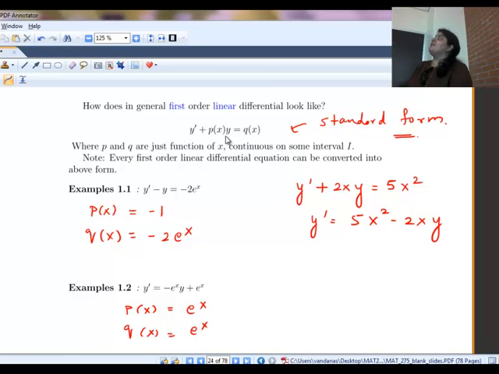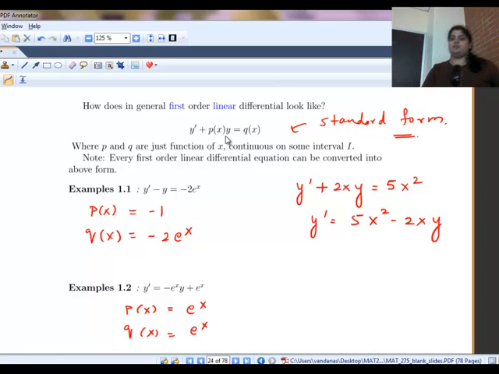You know how to solve separable. So maybe the first thing you should try to see is how can I convert this into separable? And you just now said you can't convert it. But is there anything else which I can do with this differential equation so that I can convert it into separable?